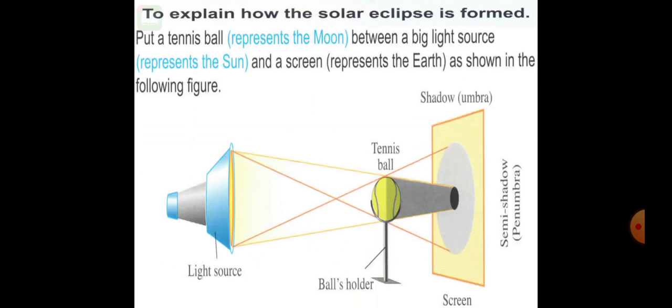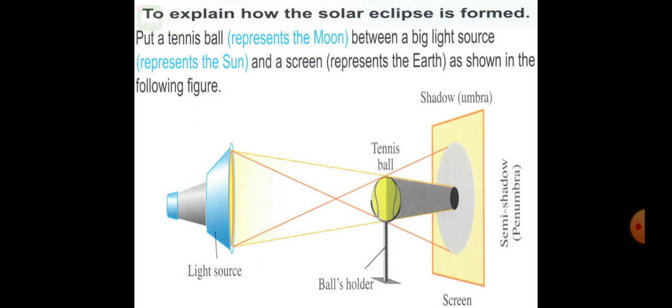To explain how the solar eclipse is formed, put a tennis ball to represent the moon between a big light source which represents the sun, and a screen which represents the Earth. Here is a solar eclipse like this example.